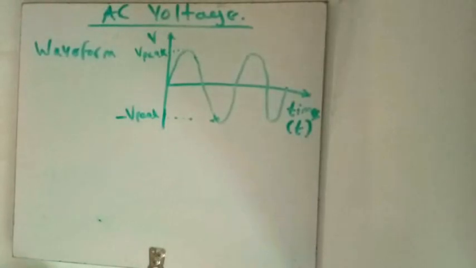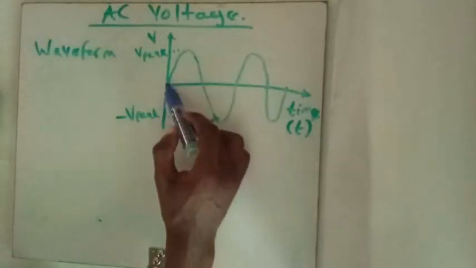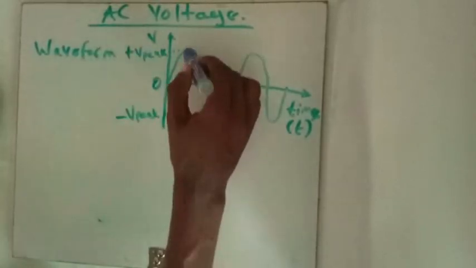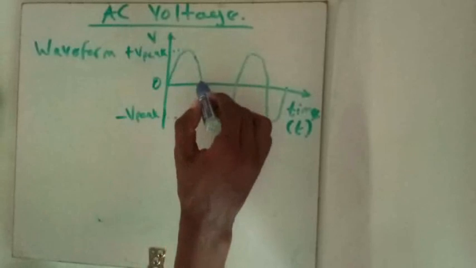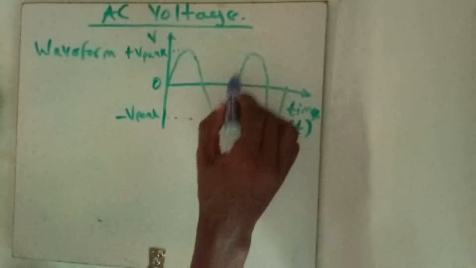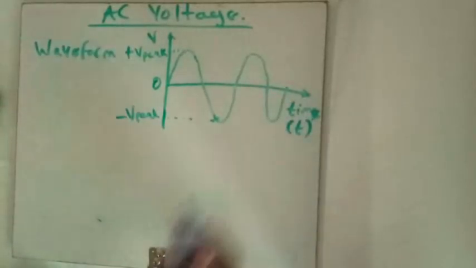A typical AC voltage is a sinusoidal waveform. It alternates from 0 to positive V peak, then back to 0, then to negative V peak, back to 0, then to positive V peak to 0, and it continues to repeat itself over time.